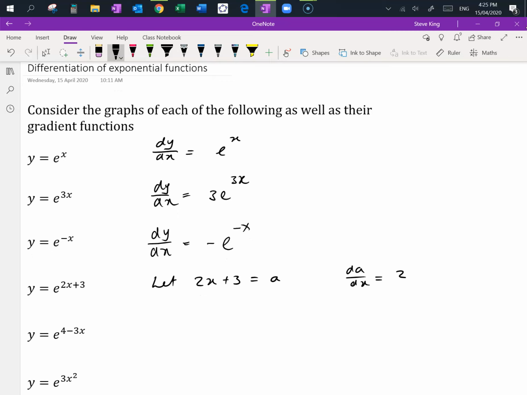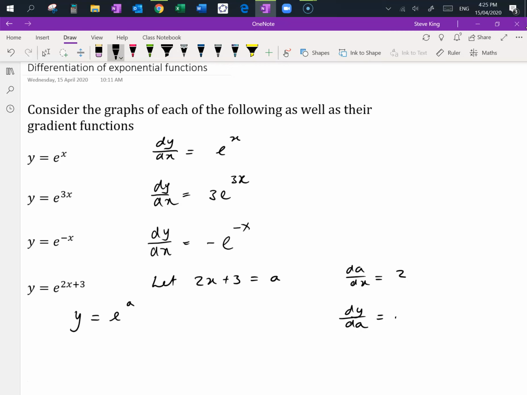So my statement now is no longer y is equal to e to the 2x plus 3. It's y is equal to e to the power A. And I can work out what dy dA is because I've already done that over here.